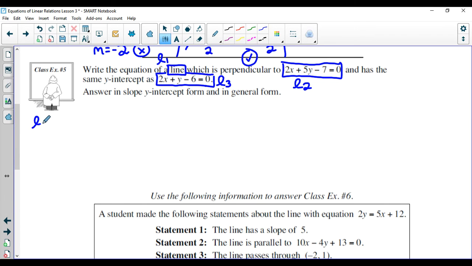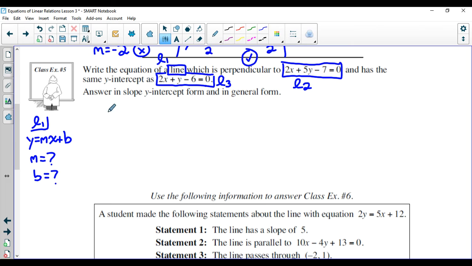Okay, so the general idea is this. If I want to get the equation of line 1, the equation of line 1 would be y is equal to mx plus b. So to get the equation of this line, I need to know what m is, and I need to know what the y-intercept is. Now, it tells me this line is perpendicular to 2x plus 5y minus 7 equals 0.